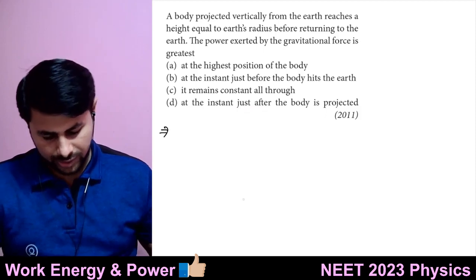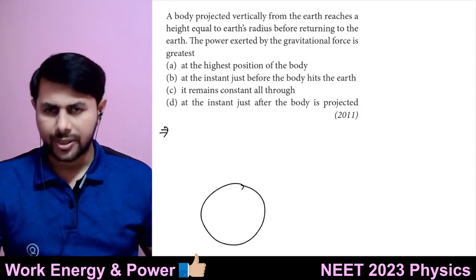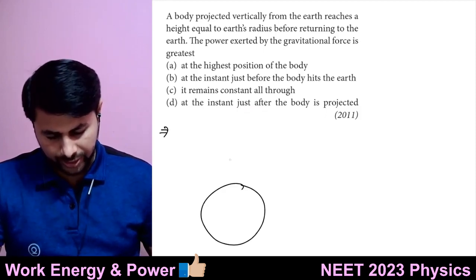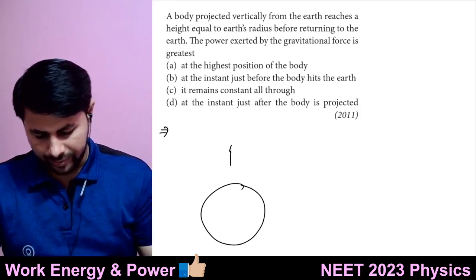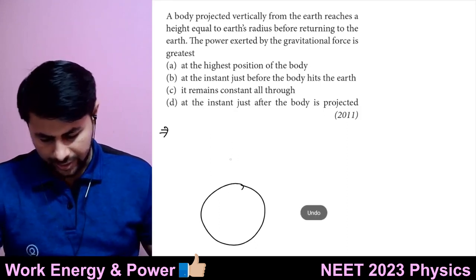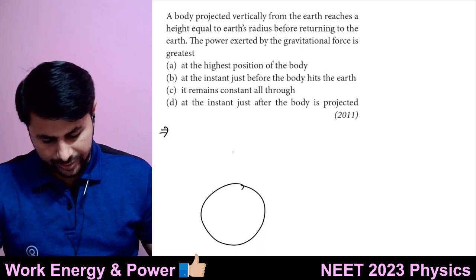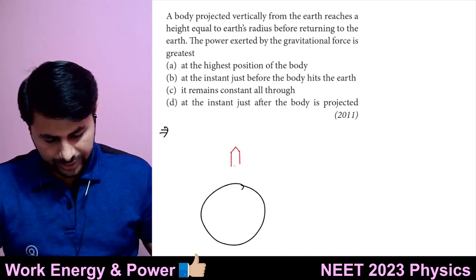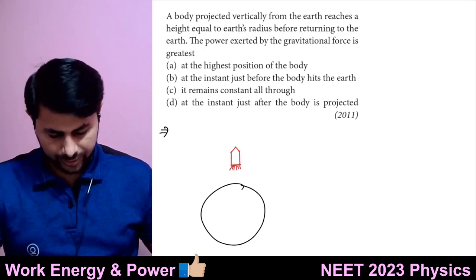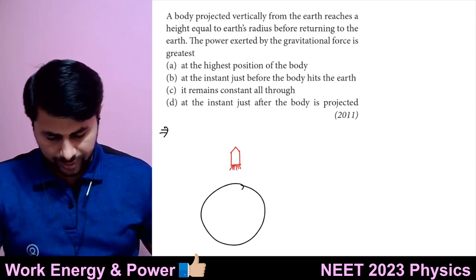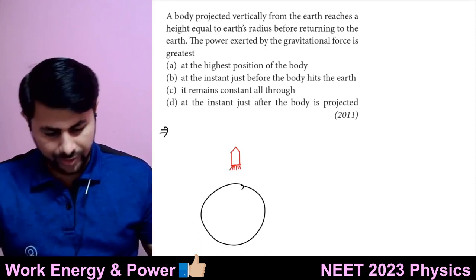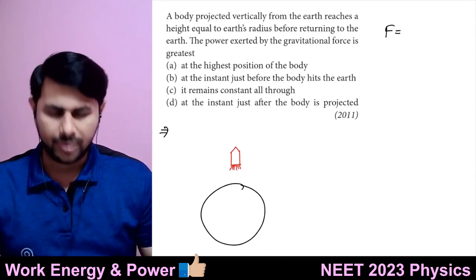Now, let's suppose this is Earth, and there is some body projected from Earth, say a rocket. We know the formula for gravitational force.